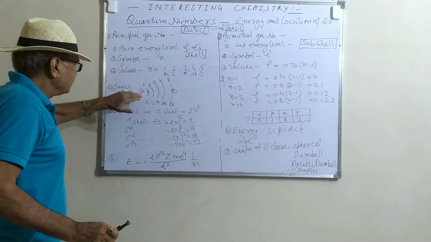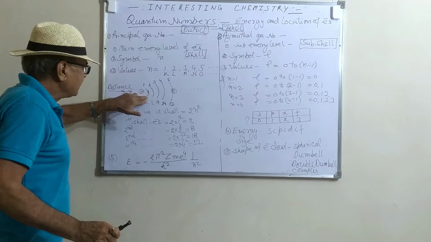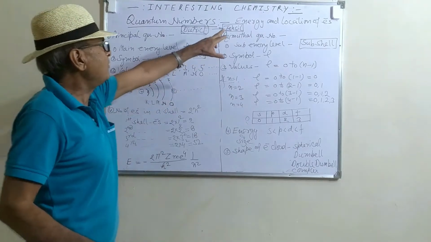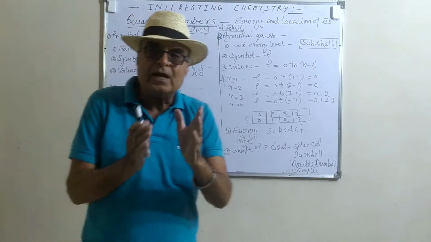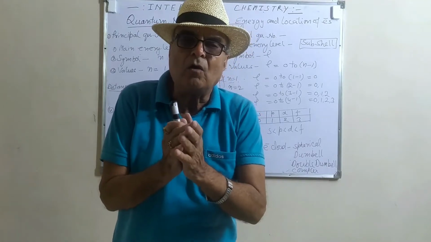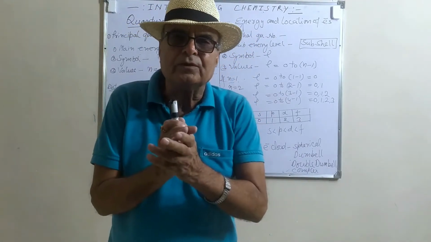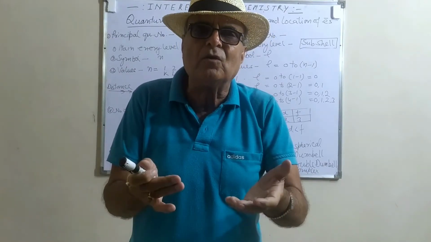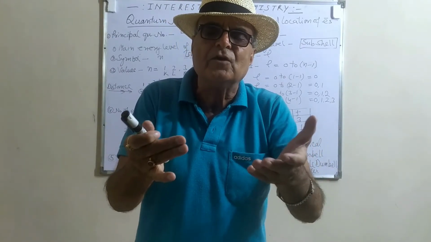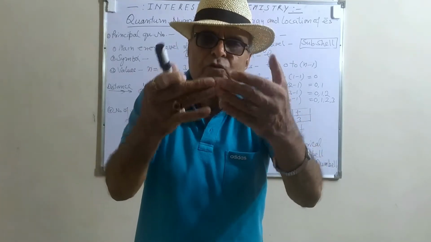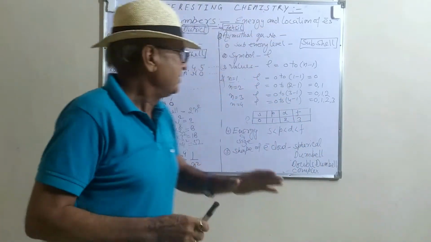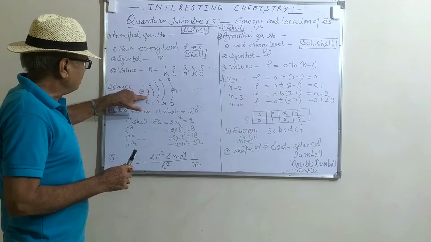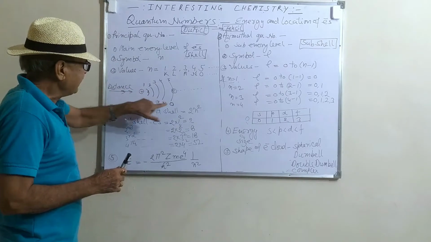So now again there is this electron and we compare this electron. I am telling you about the energy. The energy level of the electron increases as the distance of the electron from the nucleus increases. Suppose we compare the energy of the electron of the first cell, K cell, and O cell.